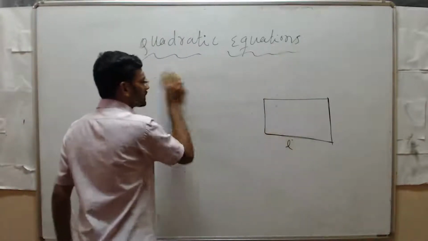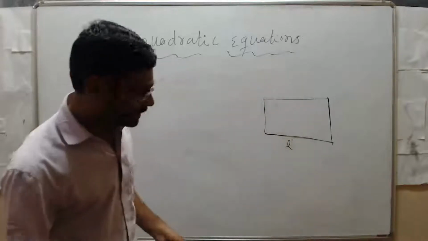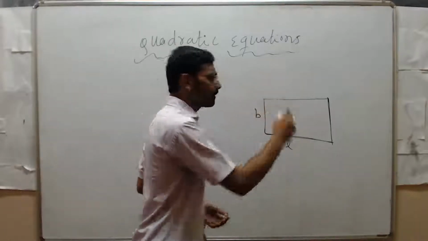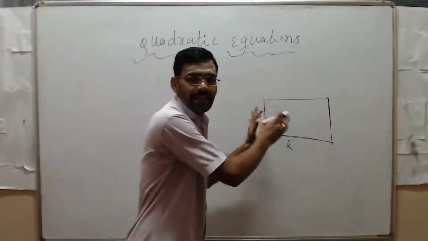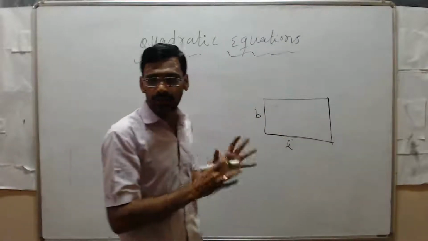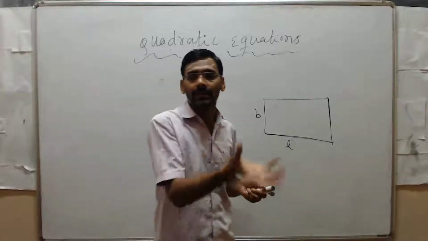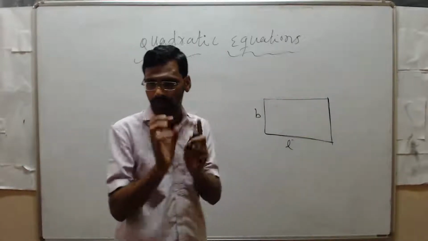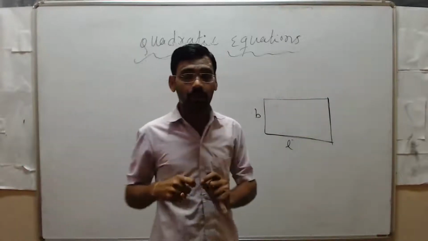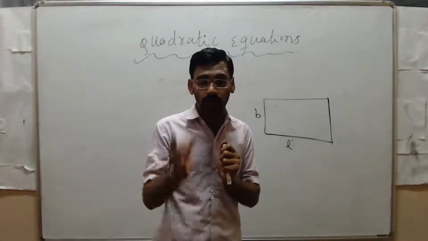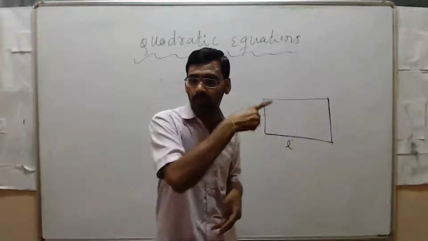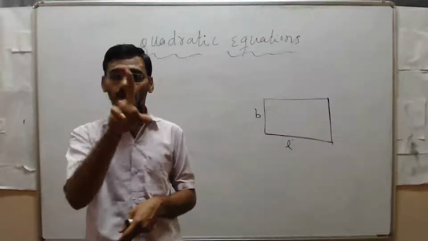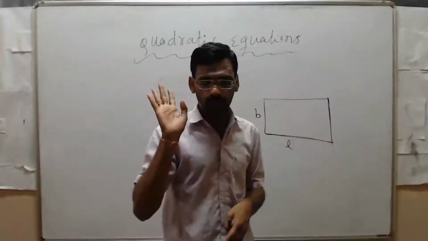Okay. Now what situation is there? Here length and breadth. We have to find this area with the help of a quadratic equation. It means we should consider the statement in the form of a quadratic equation. In this entire chapter, we should convert the situation into the form of a quadratic equation. Then only are we able to find the value and solve the equation.